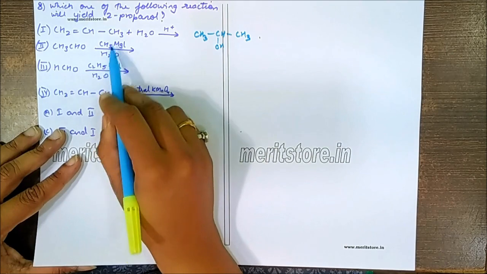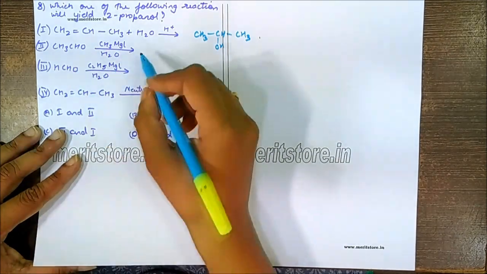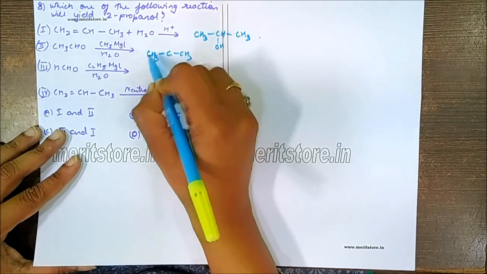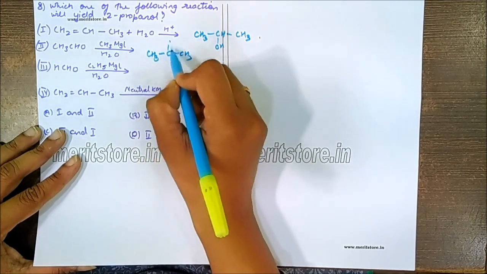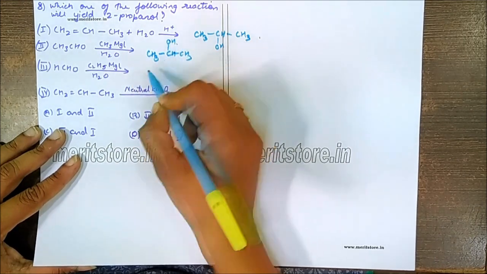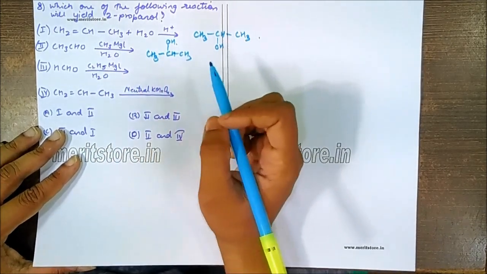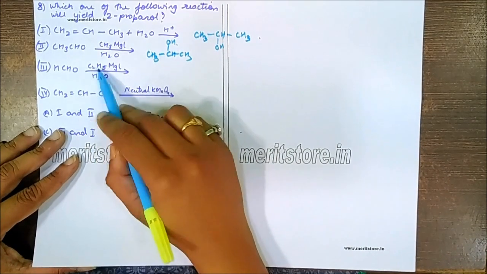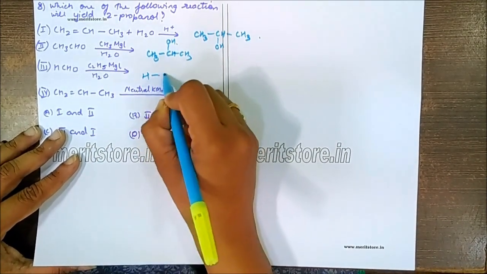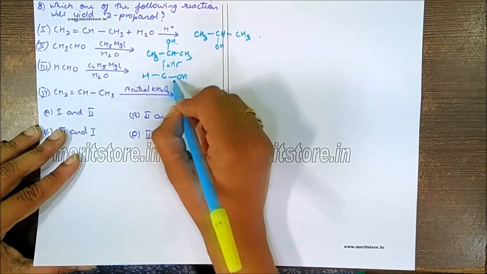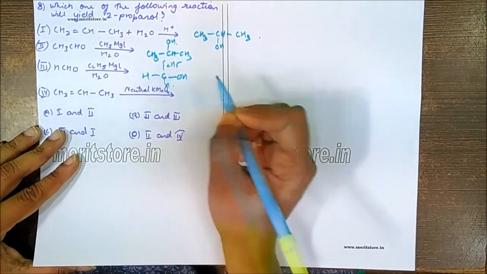If I do the Grignard reagent with the acetaldehyde, the carbon will get the CH3, and we'll get a secondary alcohol because this is the acetaldehyde. So we are going to get secondary alcohol. This will create HCC2H5. We'll get a propanol, but we'll get the primary one.